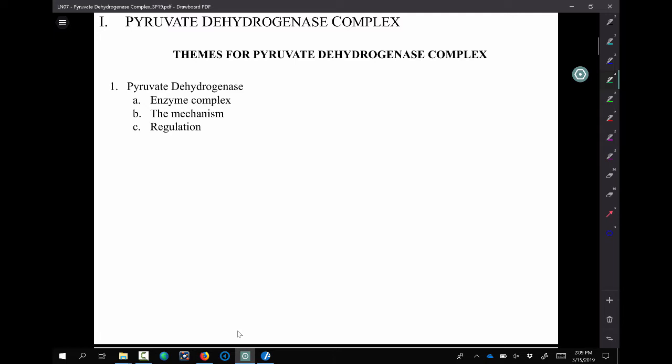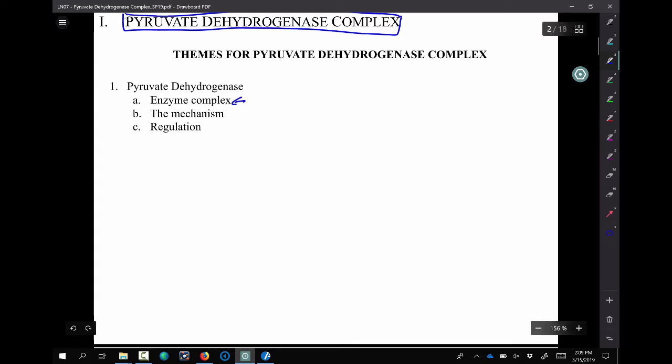We're going to look at this enzyme, pyruvate dehydrogenase complex, in today's lecture. We'll first think about, in terms of the enzyme, just it being this complex. It has this really complicated architecture. We'll look at that.